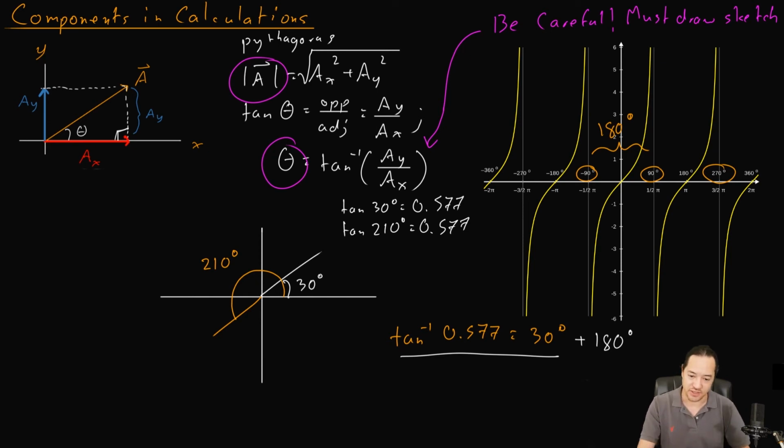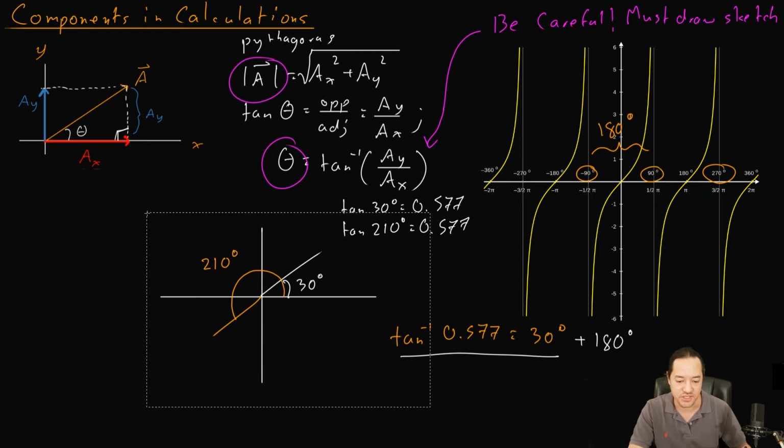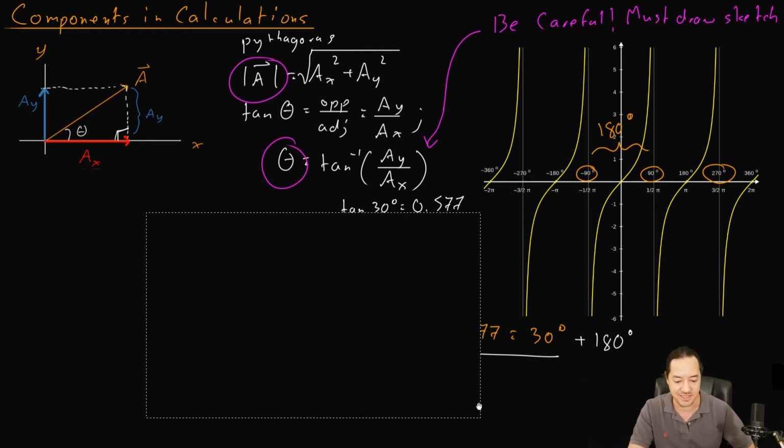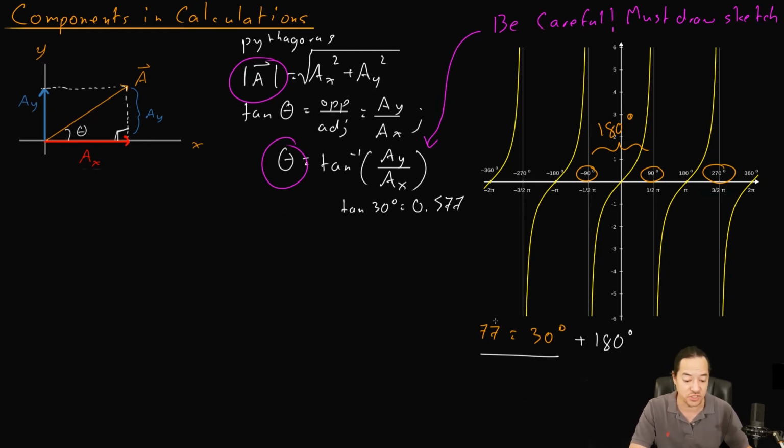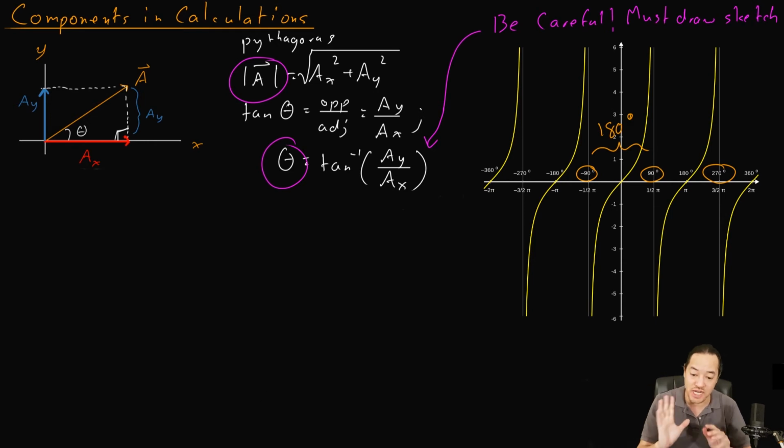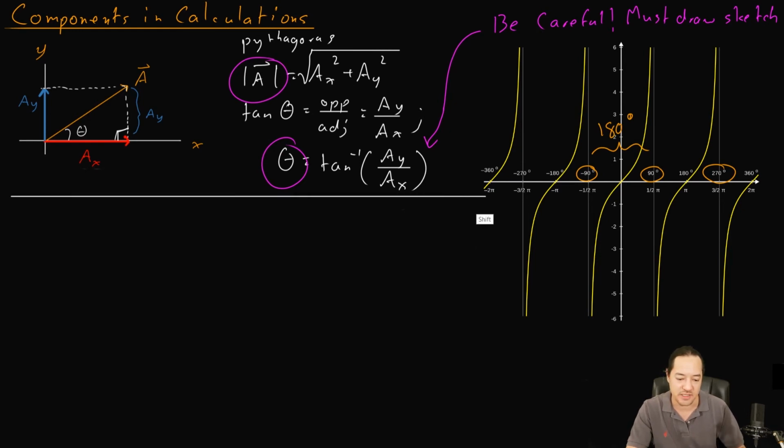So that's the warning: tangent is annoying because it repeats every 180 degrees, instead of being a nice function like sine or cosine that doesn't repeat until after 360 degrees, which is fine. We only have 360 degrees in our circle around the axis. So sine and cosine are great. Tangent's a little bit annoying. All right, so that's the warning here about tangent.